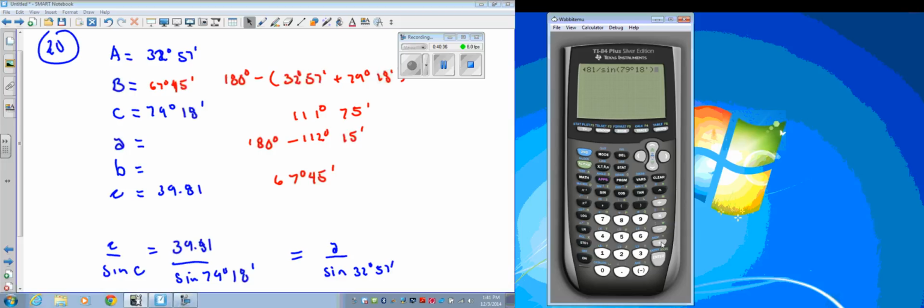And so I'll just push enter on that because I want to keep reusing that. Is that what everybody got? 40, 55, 51. So that's the ratio. Now I'm just going to multiply that by sine of 3257.